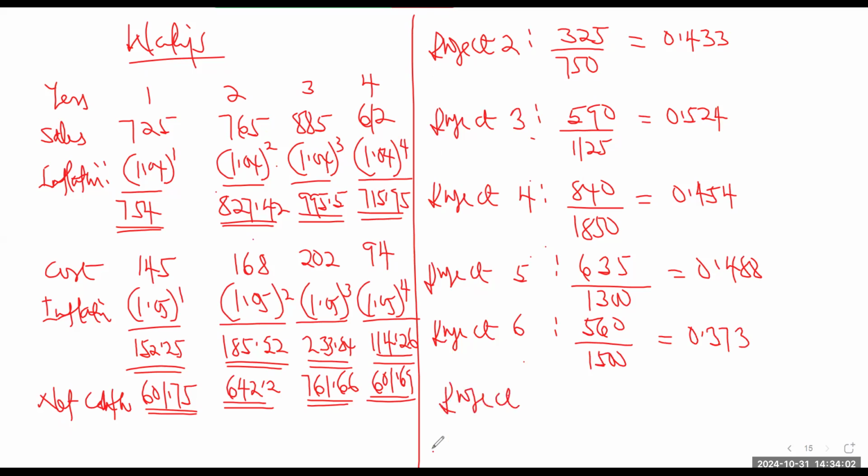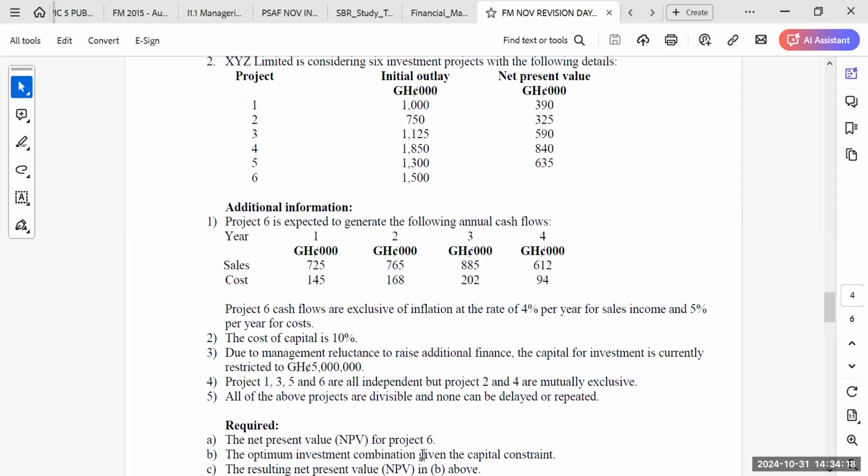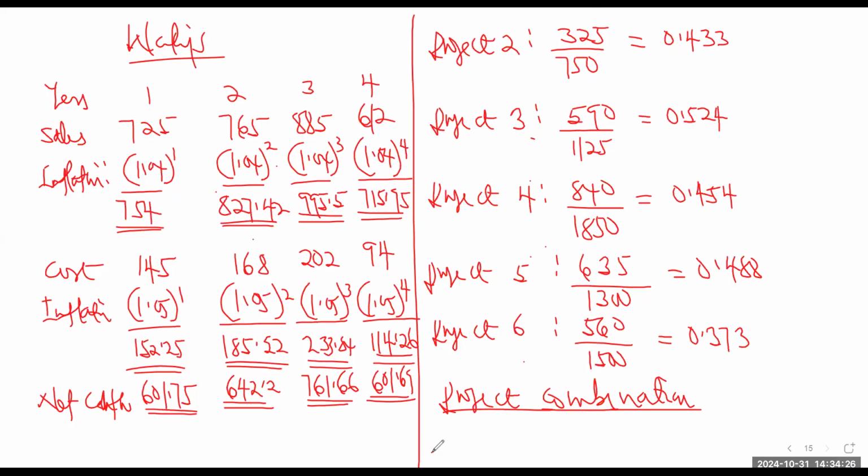So let's come to the project combination now. We select the projects based on the return. Sometimes the question can ask you to calculate the resultant NPV, the resulting net present value in B above. So we are just looking at the selection of the projects here.